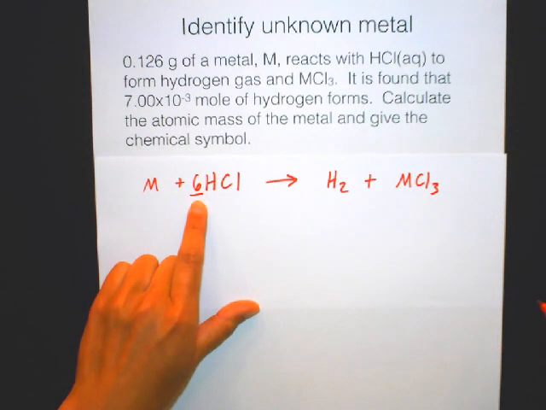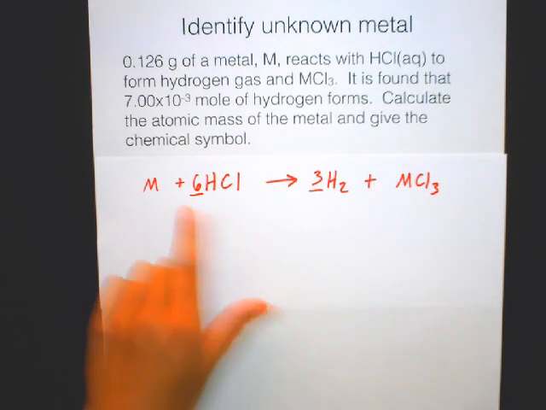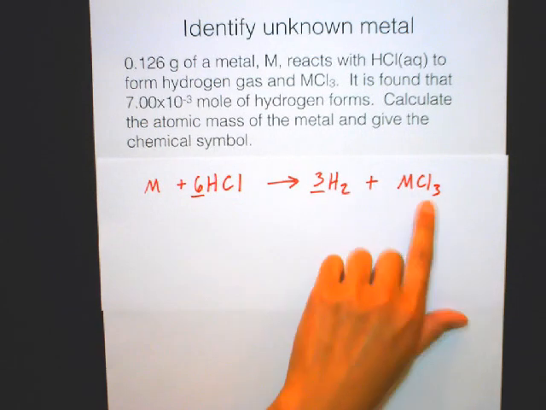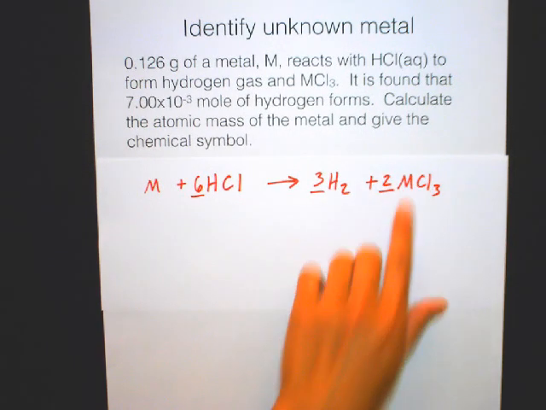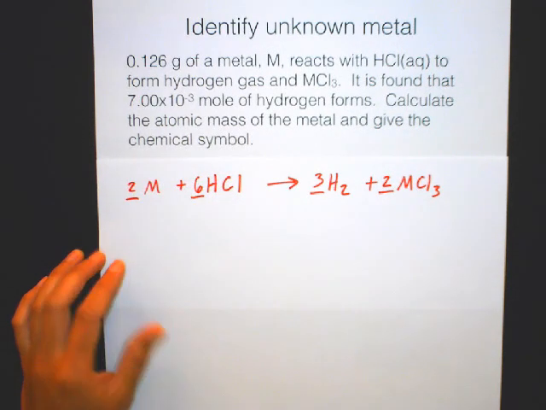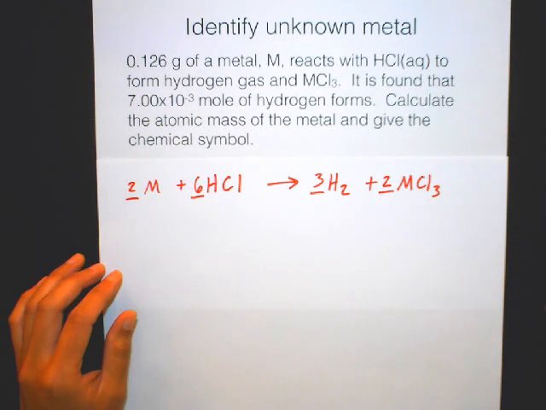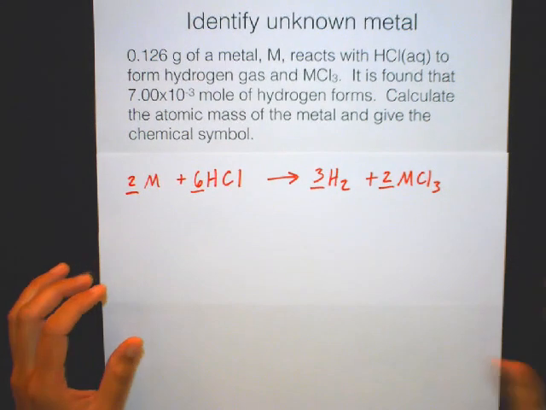So now we have 6 hydrogens here, so we need a 3 here. We have 6 chlorines. We have 3 over here, so we need 2. And then that changes our M, so we need 2M on this side. Okay, so now we have a balanced chemical equation.